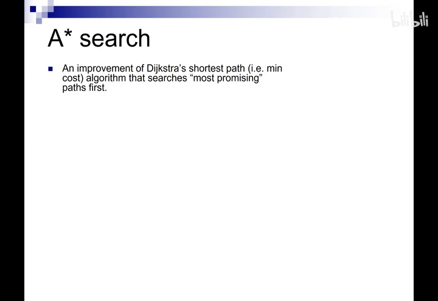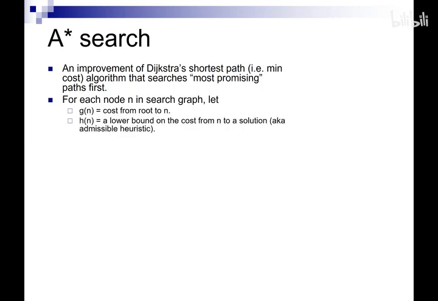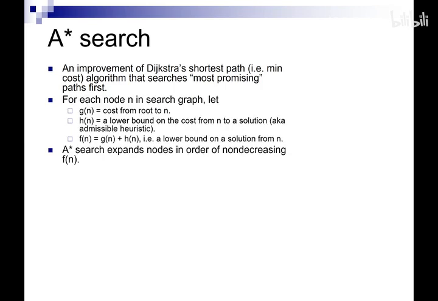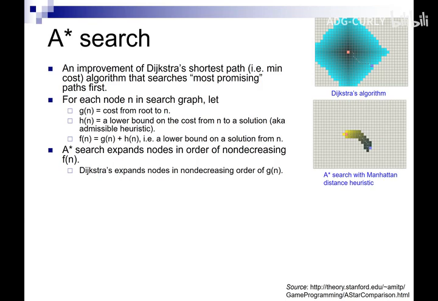The way it works is, let's go with this example over here. Suppose you're at this root node, this little pink node, and you're trying to find a path to this blue node. Your search space is just this entire grid.